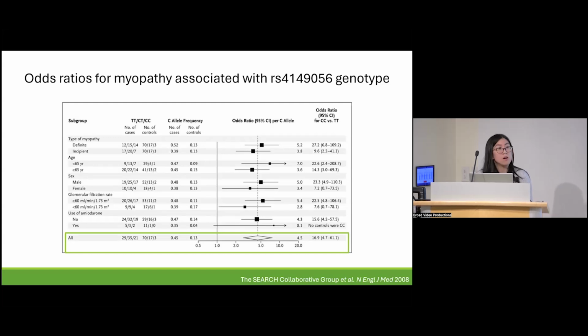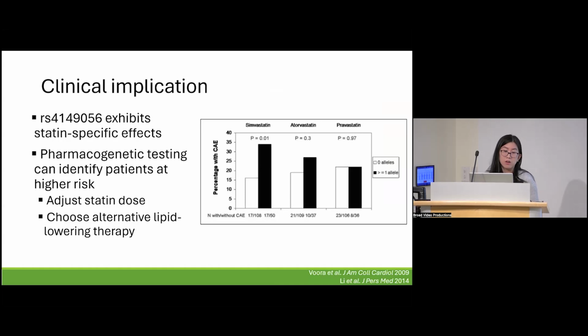What's interesting about this was, again, the study was done in simvastatin. And so the question is, does this apply to all the medications in the statin class? And what was found was that this variant actually exhibits some statin-specific effects. The effect of the variant was the strongest in people who were on simvastatin, and not really having much of an impact for pravastatin or rosuvastatin, which was shown in another study.